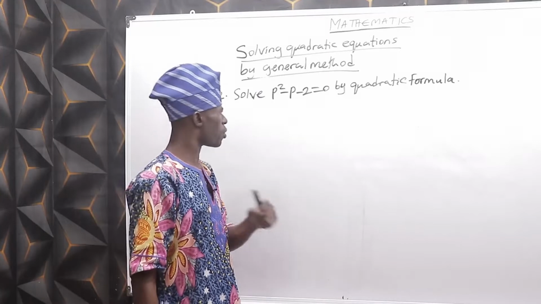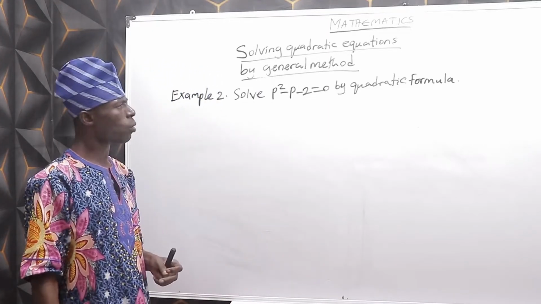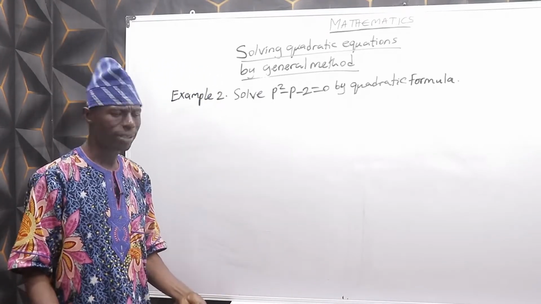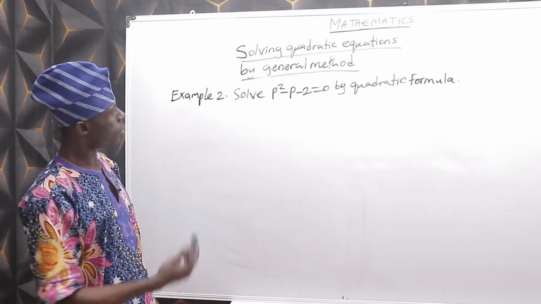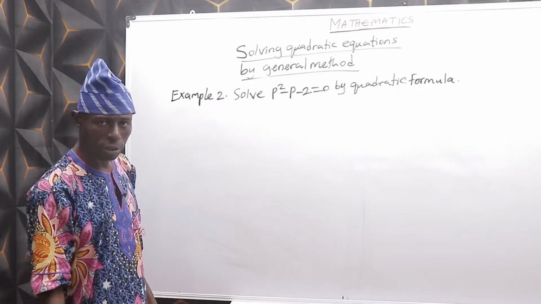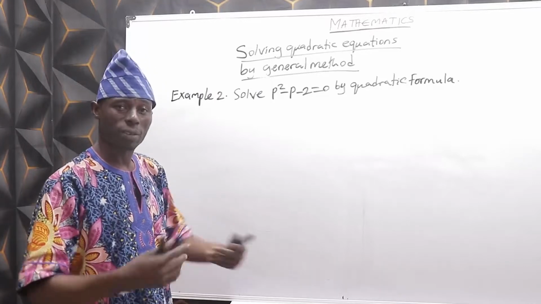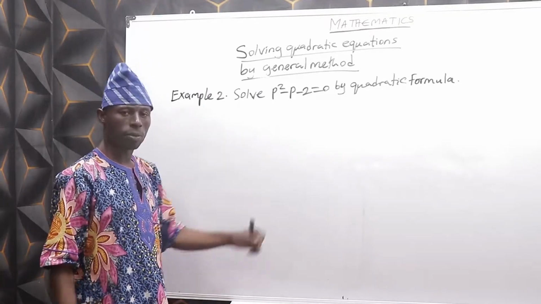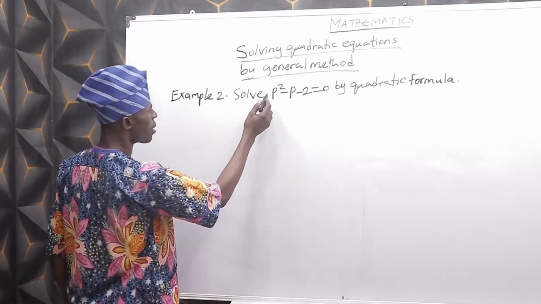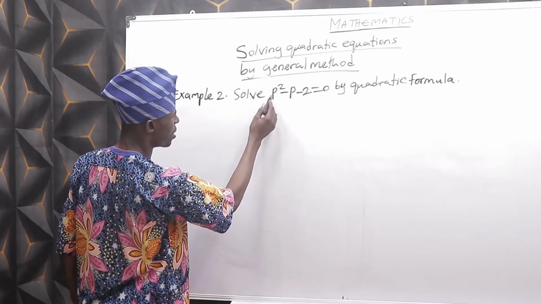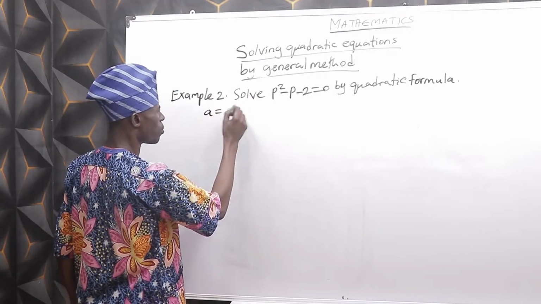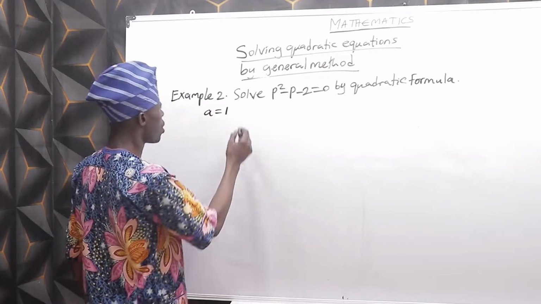Solve p squared minus p minus 2 equals 0 by quadratic formula. Don't forget, quadratic formula, general method, and almighty formula all refer to the same formula. So what do we do? The coefficient of p squared represents our a, and it is 1 in this case.